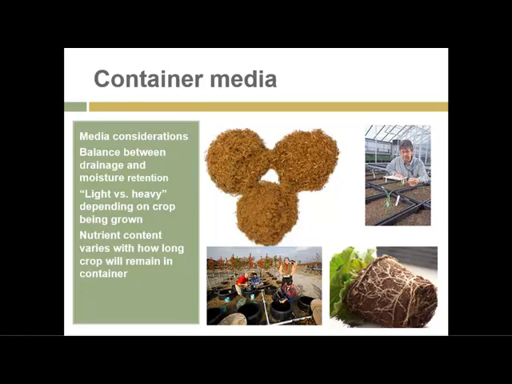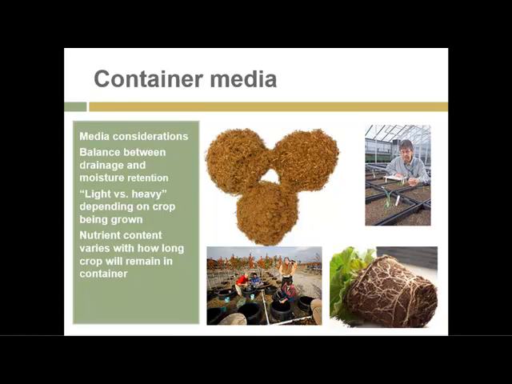So the lighter the soil, the more likely it is to provide good drainage. However, heavier soils retain more moisture and do not drain as quickly.